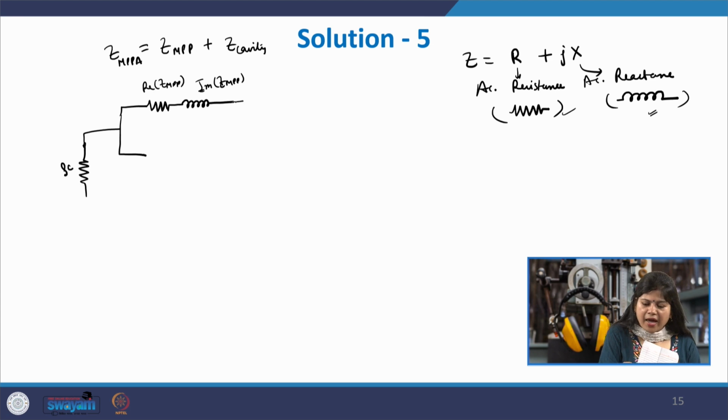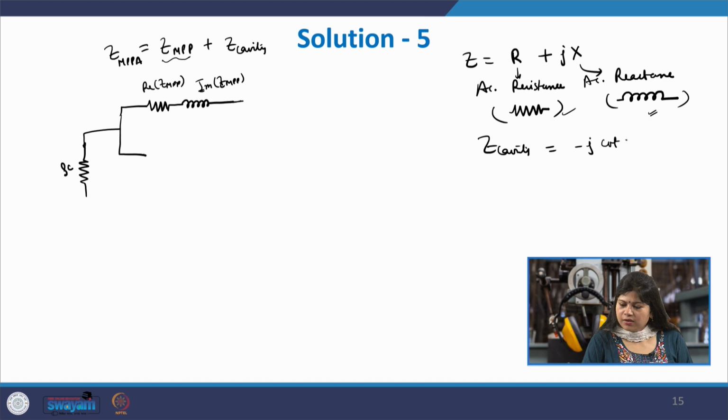And then after we have taken into account the total acoustic impedance of the panel, we will have the impedance due to the cavity, and we know that the Z of cavity is given by minus j cot kL. So, the cavity depth only has this complex term. It only has reactance, no resistance.